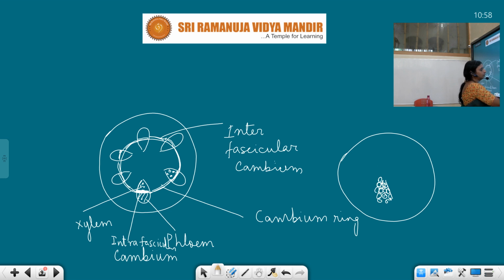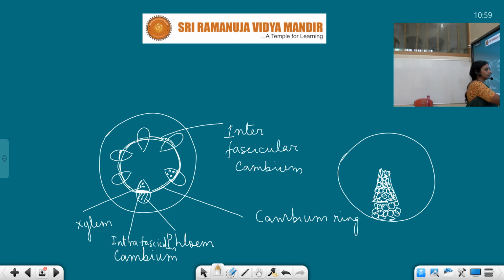This is secondary xylem, and secondary phloem is also formed, and primary xylem is pushed towards the pith. This part is called secondary phloem. So secondary xylem and secondary phloem are formed.